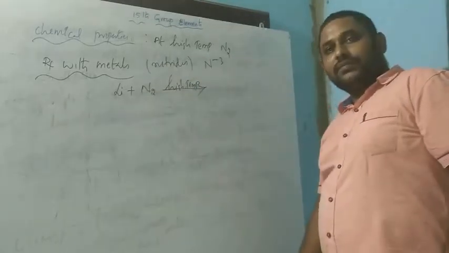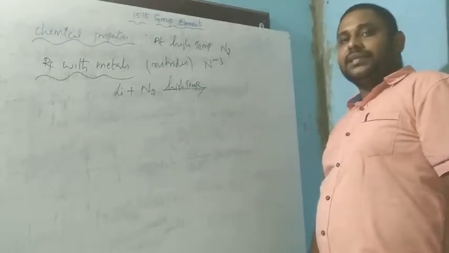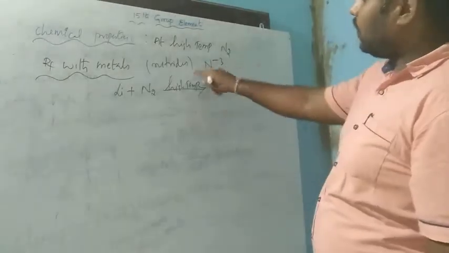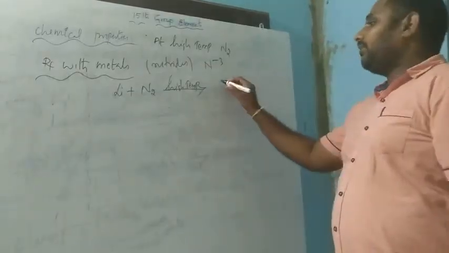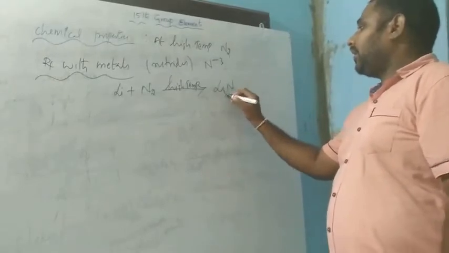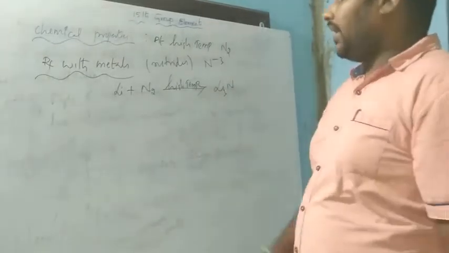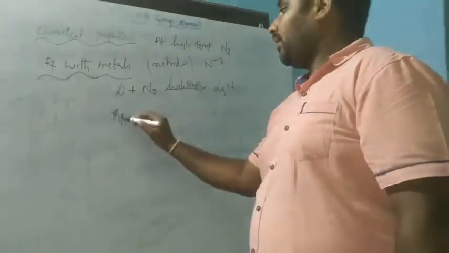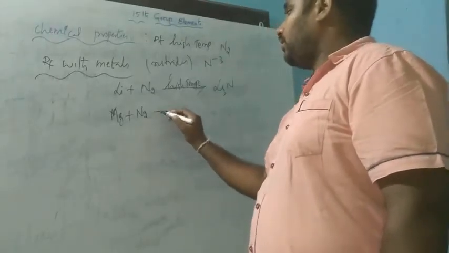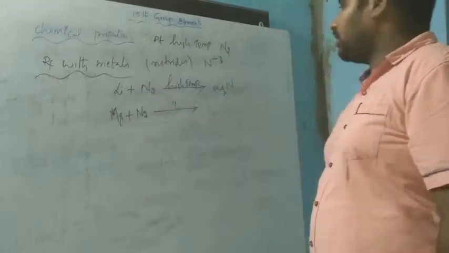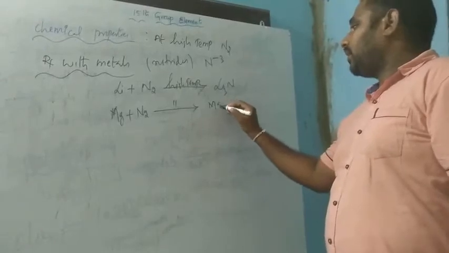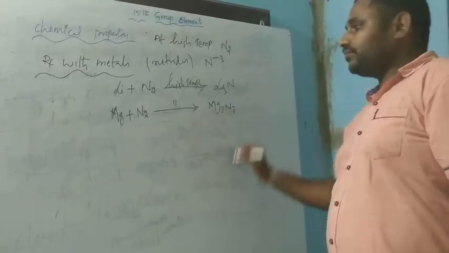Don't confuse azide and nitride. Azide is N3 minus, nitride is N3-. What do we get? Lithium nitride. And suppose magnesium, Mg plus N2, at high temperature we get Mg3N2.